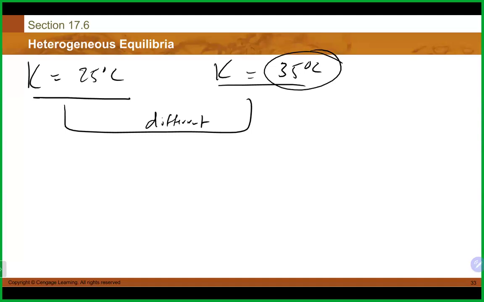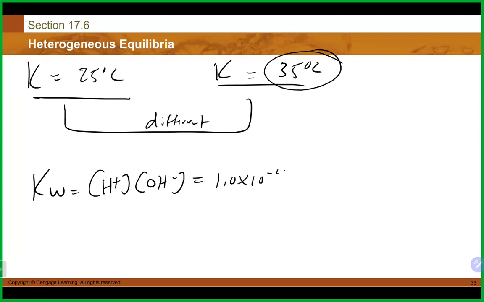But in comparison between 35 and 25, the value of K for that particular reaction will be different. And as we saw last time, we've already seen an equilibrium expression, the Kw that we used in the acid-base chapter. That is based off the equilibrium of water, which is a reversible reaction that's occurring.